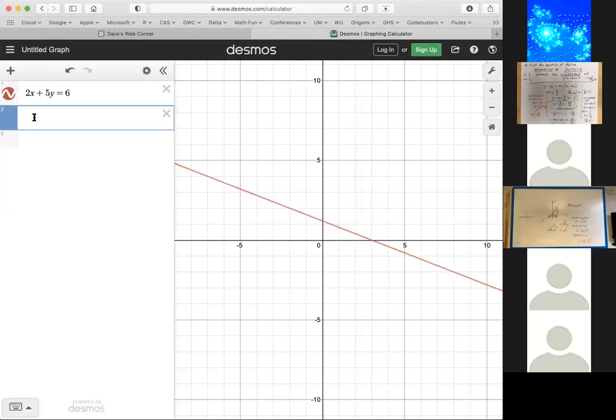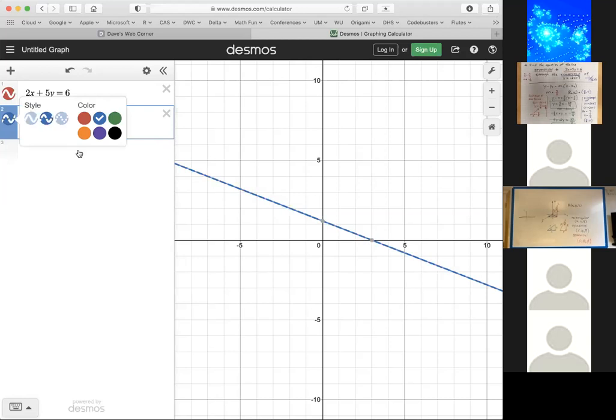If I solve that for y, I would say y equals minus 2/5 x plus 6/5. Like you pointed out to me, I had to divide the 6 by 5 also. So do you see that? Whether I write it in standard form or slope-intercept form, I get the same line.